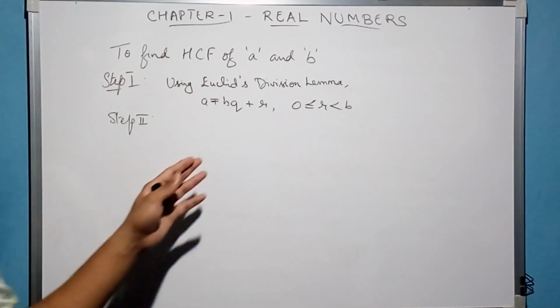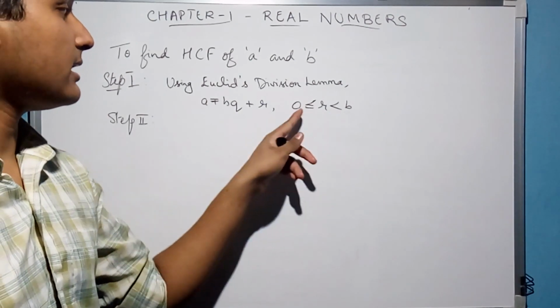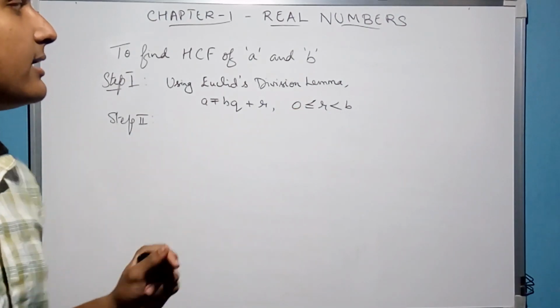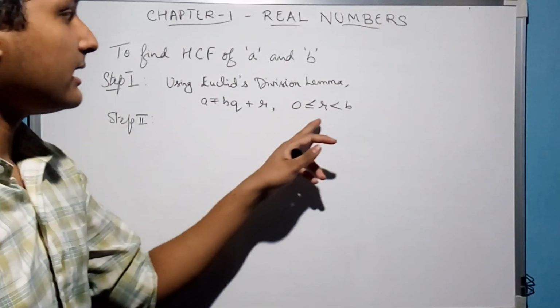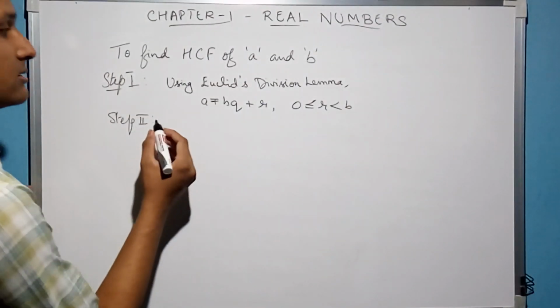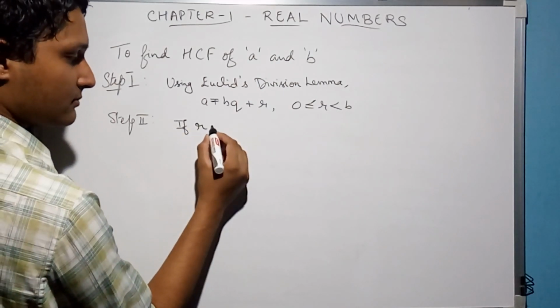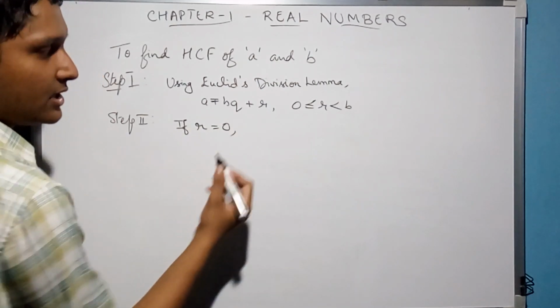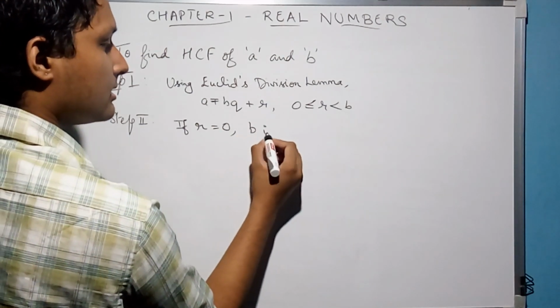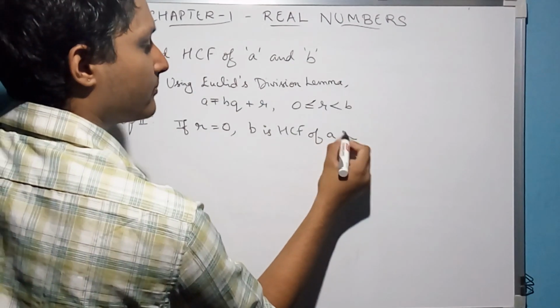Step 2. In the first step you have found out that r is in between 0 and b. So there are different cases that are coming here. Either r can be 0 or r can be some other integer. If r is equal to 0, then b is the HCF of a and b.